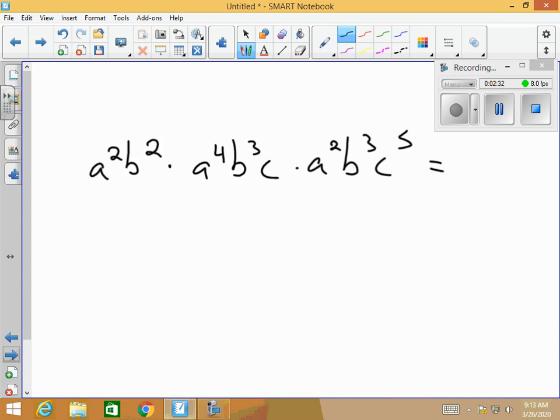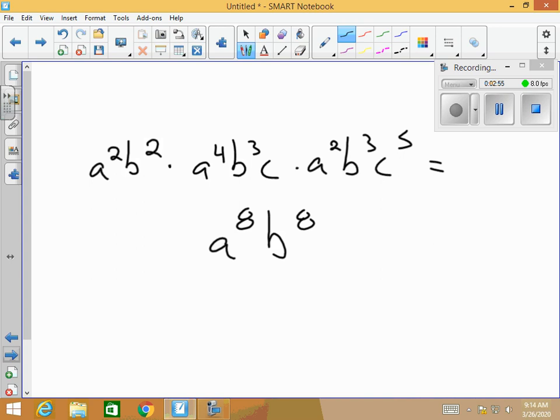Well, real easily I can say, yes, I have a, so I have base a. I have 2, a 4, and another 2, which makes 8 of those times each other. I have base b. I have a 2, I have a 3, which is 5, and another 3, which also makes this exponent 8 as well.